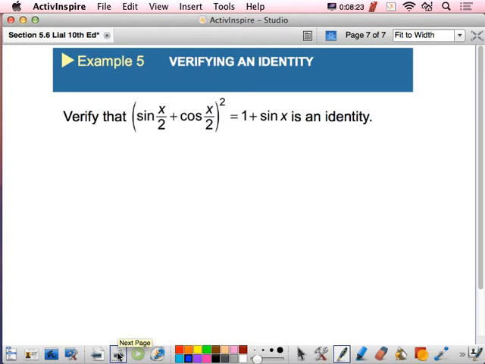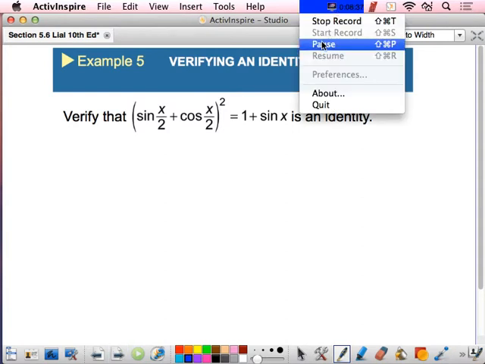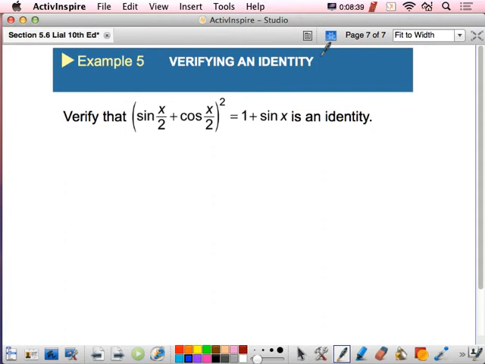So for this problem, we would like to verify that the quantity sine of half x plus cosine of half x, squared, is equal to 1 plus sine x. We're going to start on the left side, and I think we should just distribute it out. So we can square, double square it, or FOIL it.